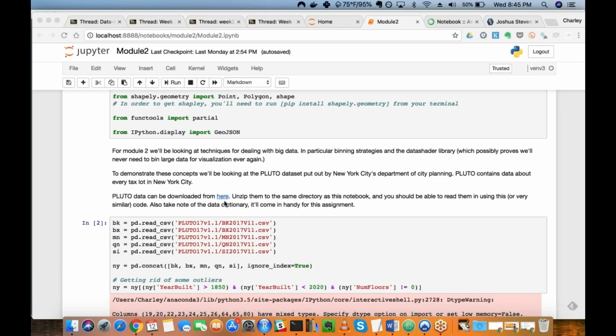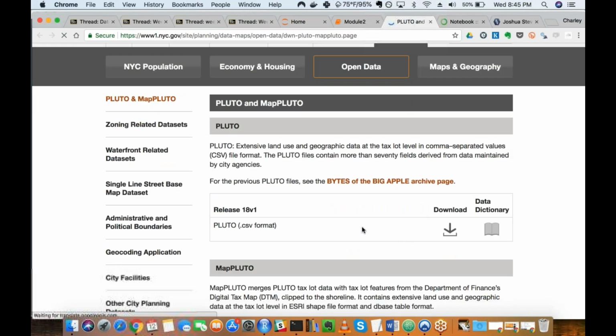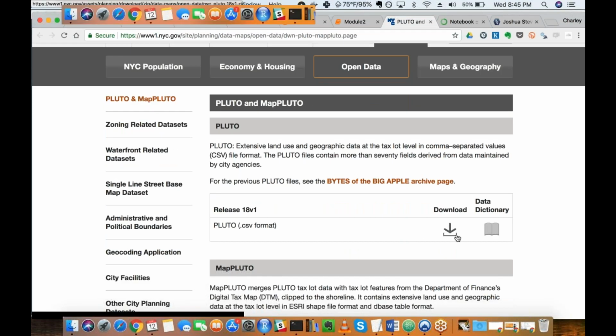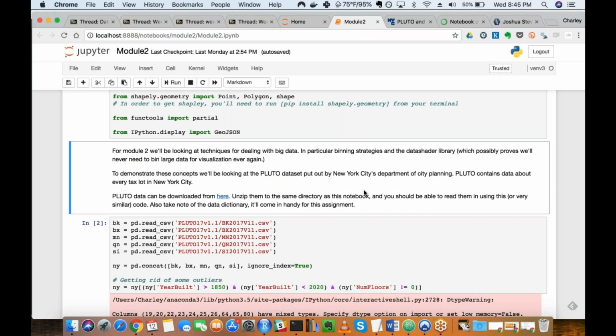So I included the link of where you could find Pluto here. You'll be able to just download a zip file of the CSVs and look at a data dictionary to answer any questions you may have about the data.